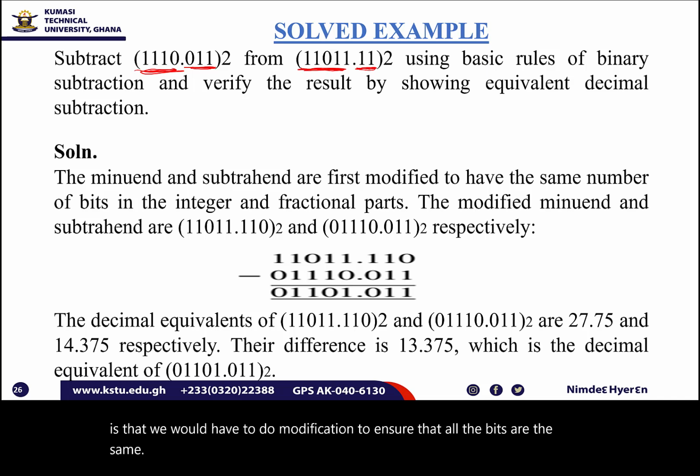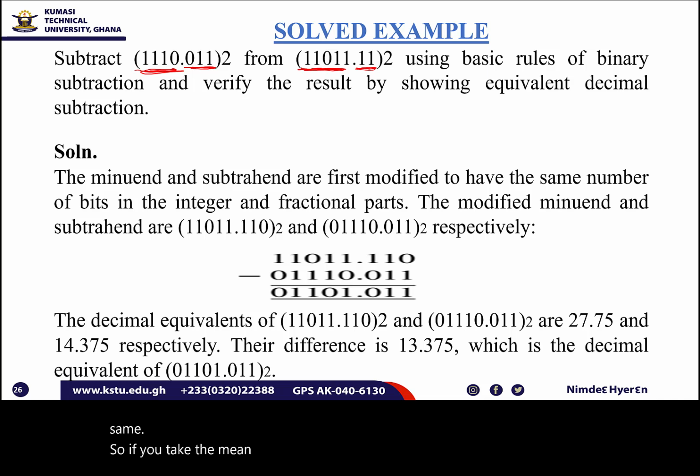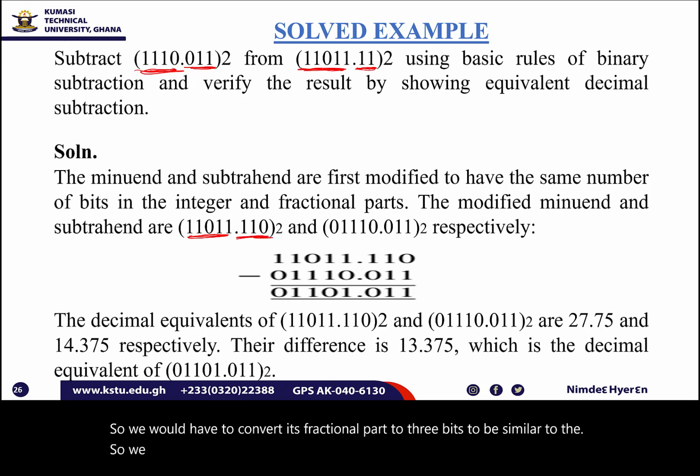So if you take the minuend, which is 110011.11, the integer part has 5 bits, which is this. So we would have to convert its fractional part to 3 bits to be similar to the subtrahend. So we would have 1, 1, 0.